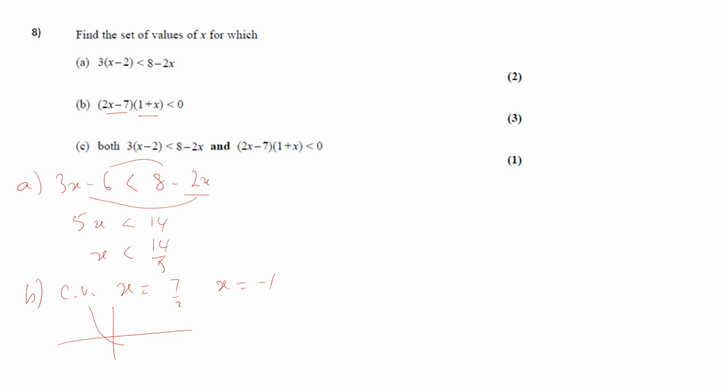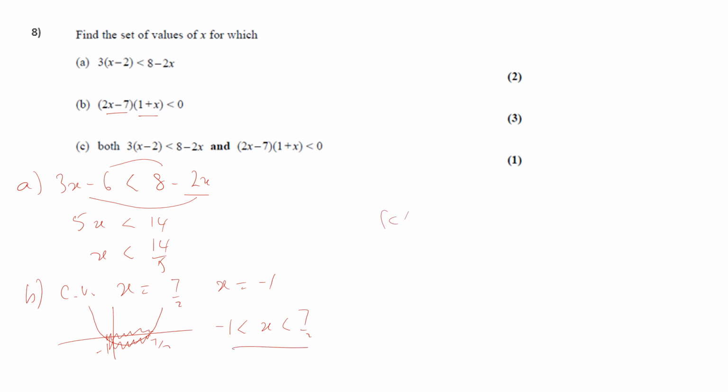Going through minus 1 and 7 over 2. Less than 0, that's a bit below the x-axis, that's that bit there. So what range produces that? Well, that's minus 1 is less than x, which is less than 7 over 2. That bit of the graph there. So that's the answer to part B.